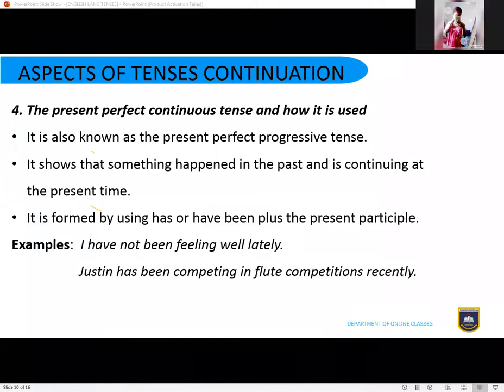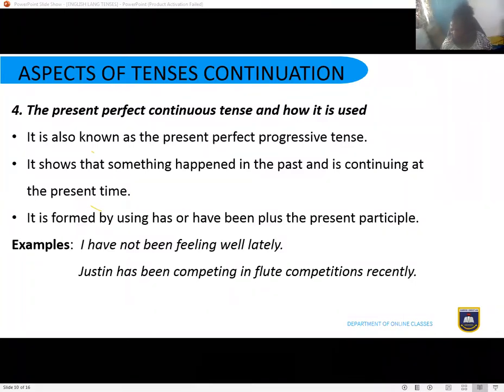Under the present tense, we learned that we should use it for a planned action or series of actions.